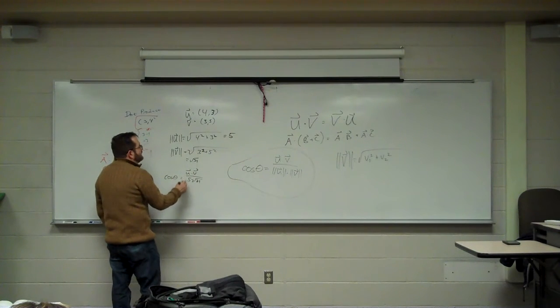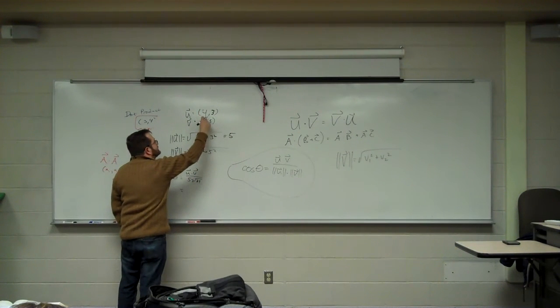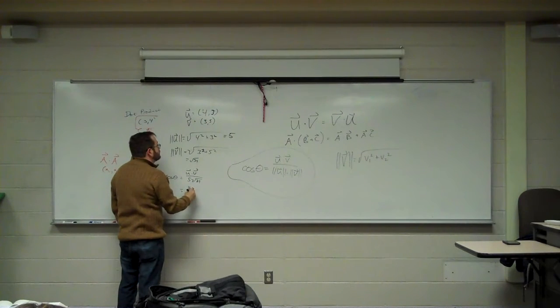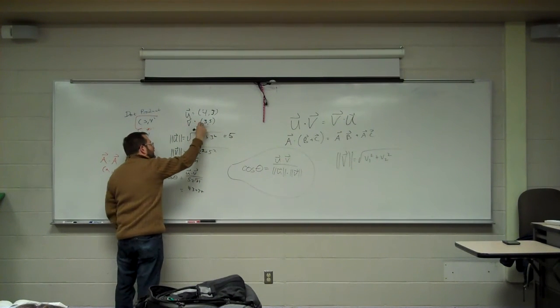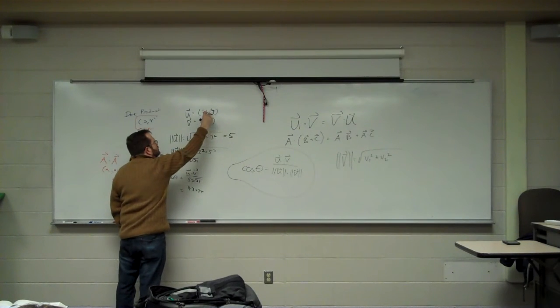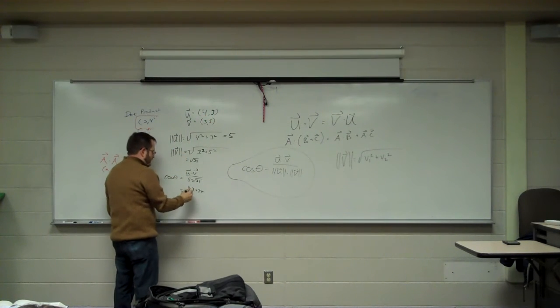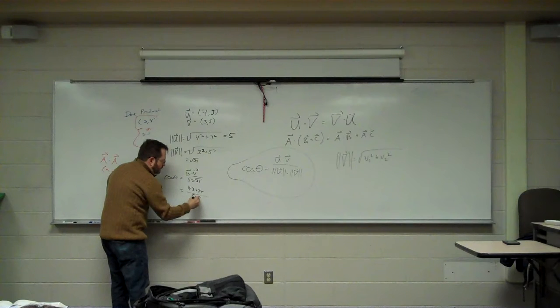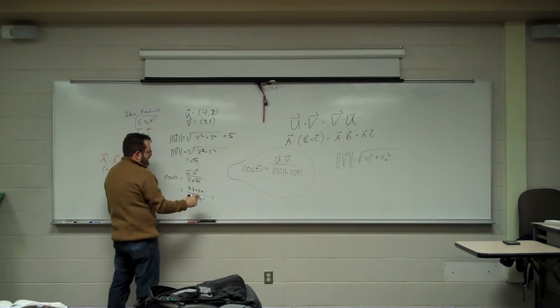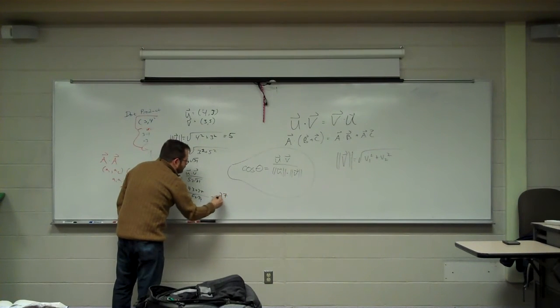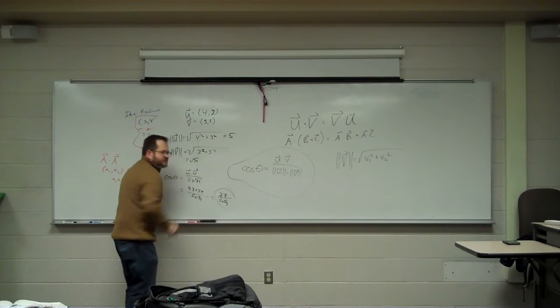So we just need u dot v now: first u times first v plus second u times second v. 4 times 3 plus 3 times 5, all over 5 square root of 34. 12 plus 15 is 27. So 27 over 5 times the square root of 34, and I think that's right.